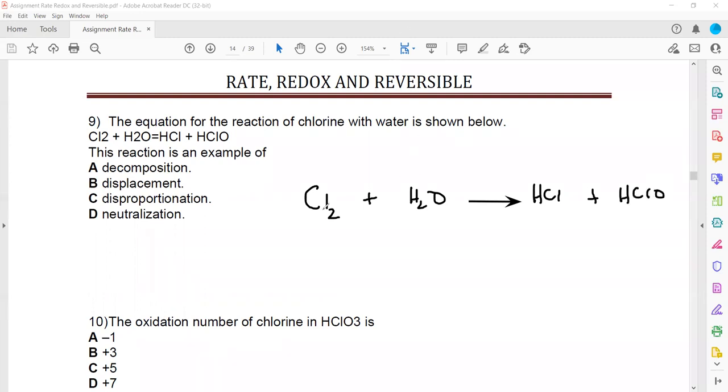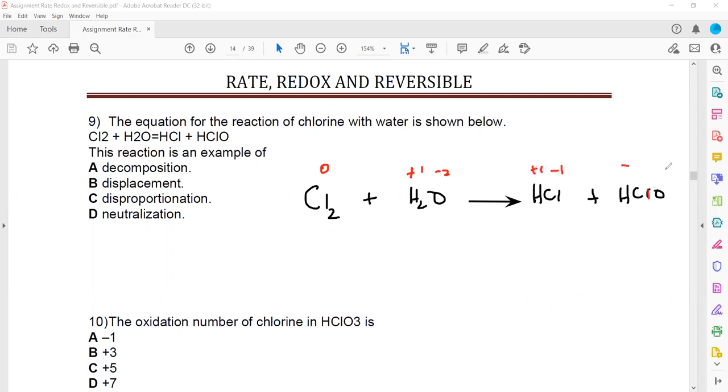Now, chlorine, because it's a molecule, has oxidation number 0, as an element. Water is a compound, each oxygen is -2. When we check oxidation or reduction, we check for each individual atom. We don't consider the whole compound. Each hydrogen will be +1. Total will be +2. Chlorine is -1 in HCl.